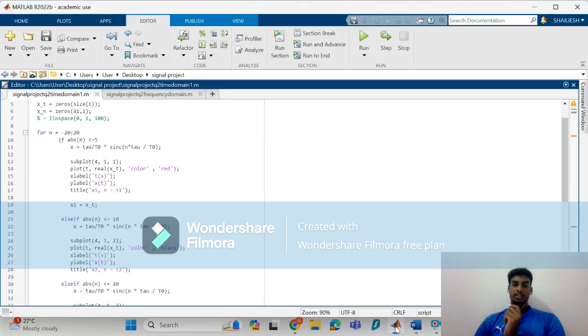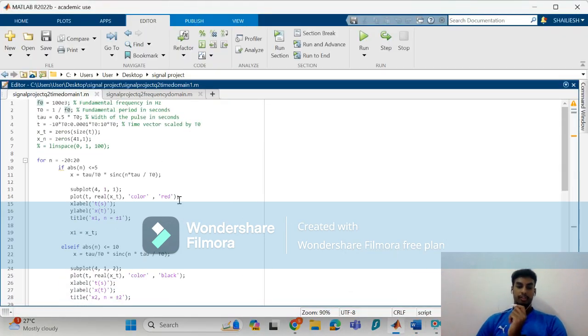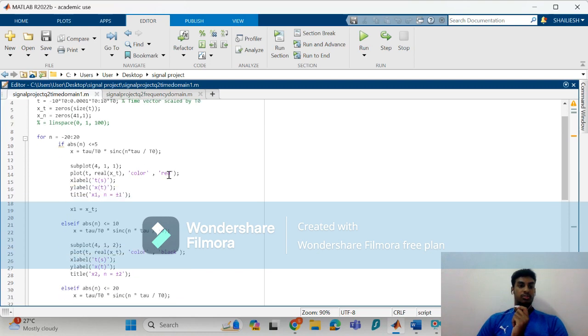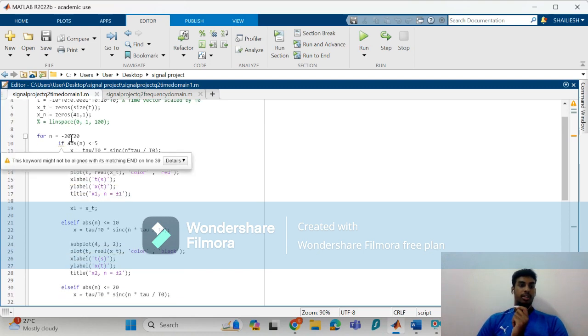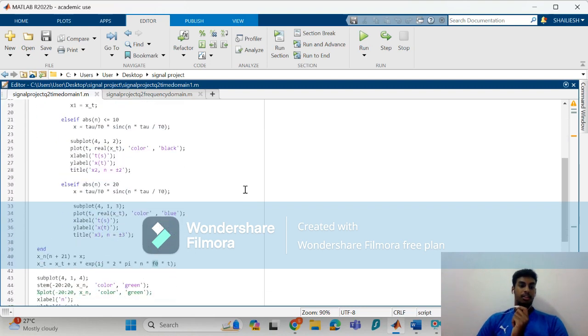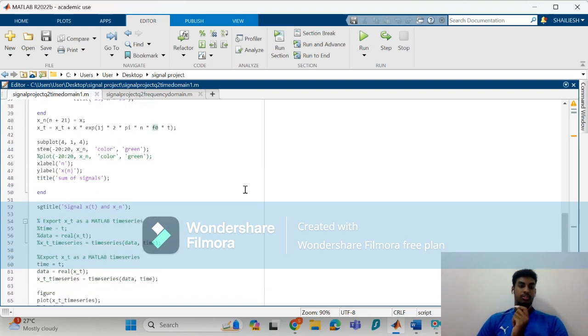Based on that, we have come up with this coding. The f0 value equals 100 kilohertz, T0 equals 1 over f0, tau equals 0.5 times T0, and these are the values of t, x(t), x(n), for n equals negative 20 to 20, with if and else if statements. These are the codings we use.